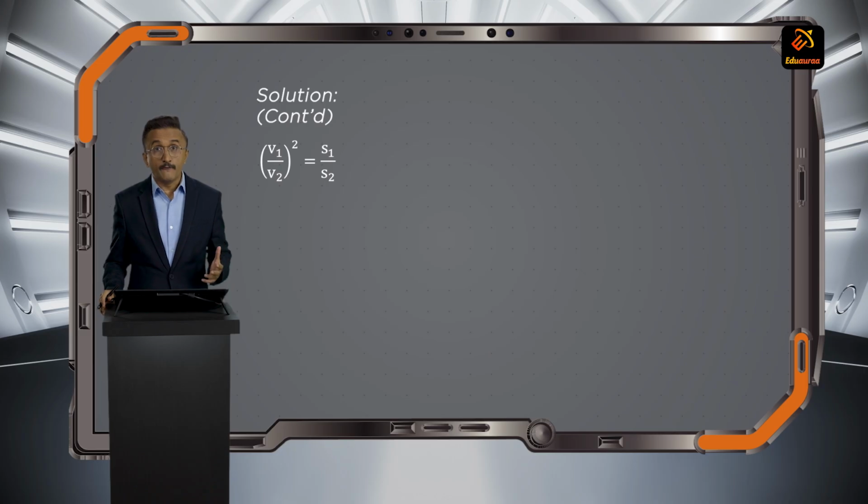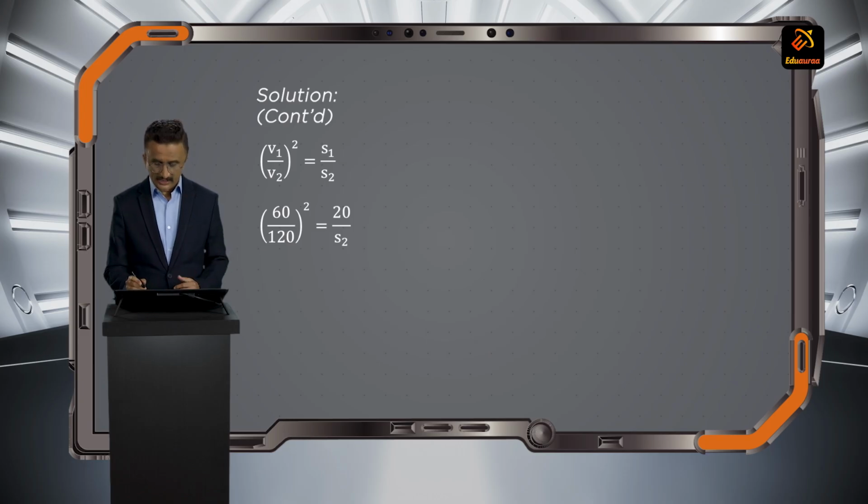Now the value of S1 is given, and V1 and V2 are also given. V1 is 60, V2 is 120, S1 is 20, and we have to find out S2. Okay. Now 60 upon 120 the whole square. Why? Because V1 square upon V2 square is equal to S1 upon S2.